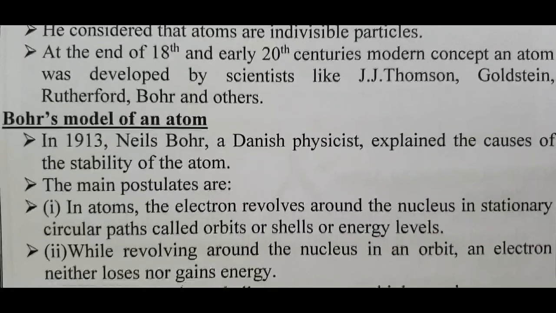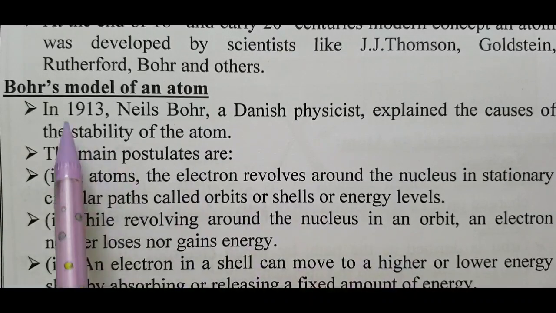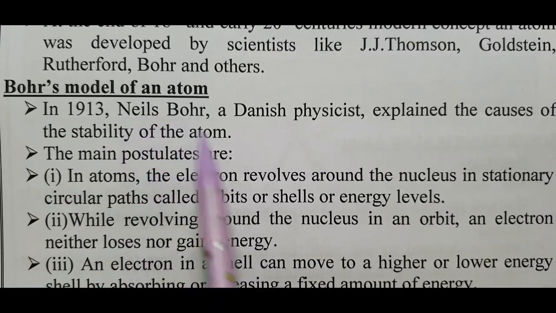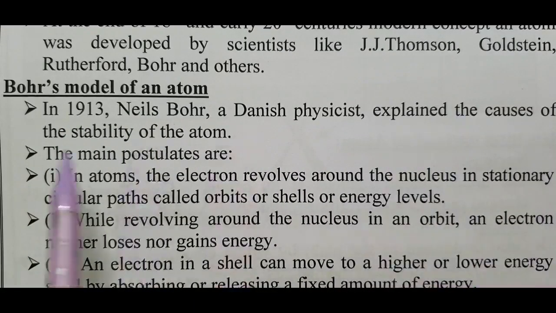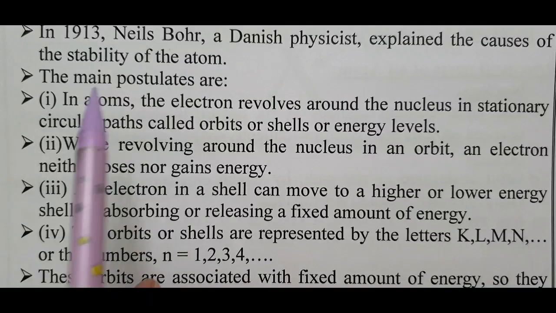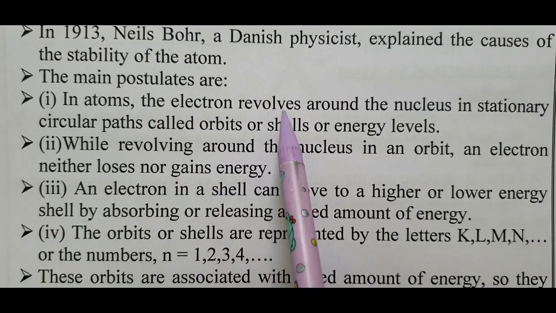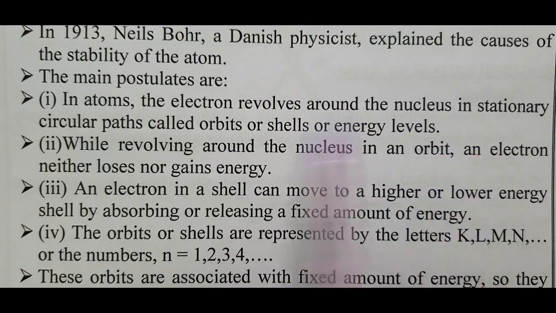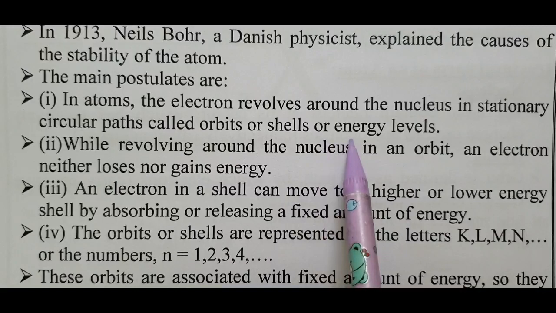Now we are going to discuss Bohr's model of an atom. In 1913, Niels Bohr, a Danish physicist, explained the causes of the stability of the atom. The main postulates of the Bohr atomic model are: in an atom, the electron revolves around the nucleus in a stationary circular path called an orbit, shell or energy level.